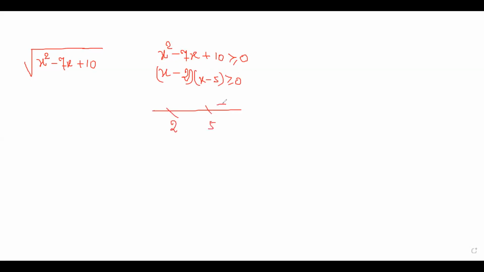After that, you will take positive, negative, positive. Okay. You have to take greater than 0 so that your answer will be minus infinity to 2 in closed bracket, union 5 to infinity. Okay. Any problem? No.